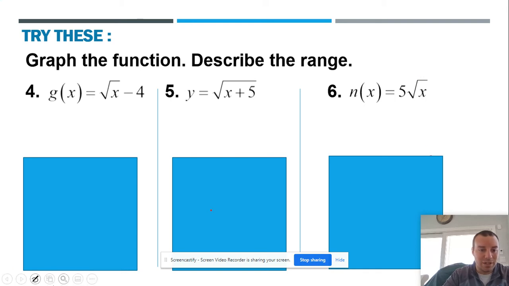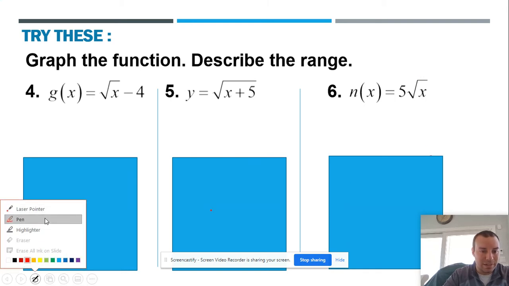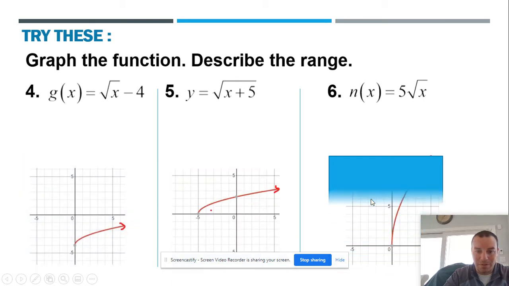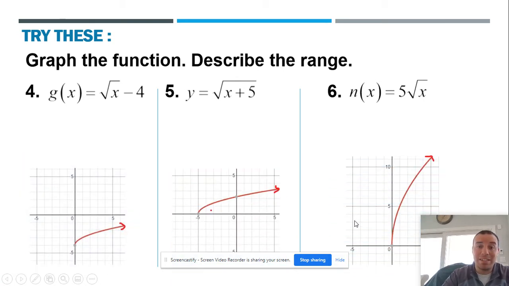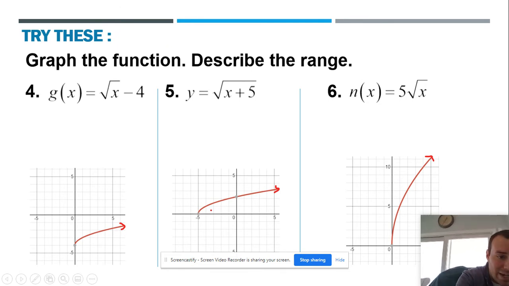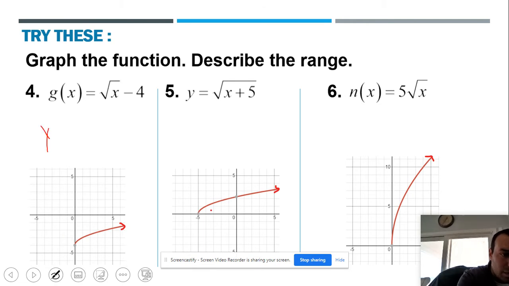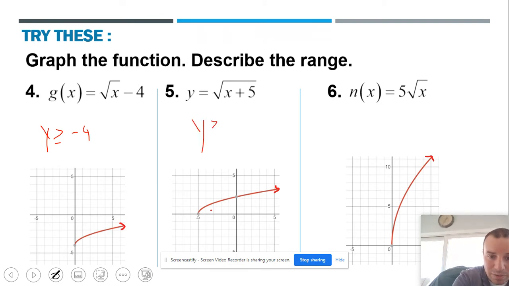If we wanted to take a look at some of these ones here, here are the graphs of the functions. If you were asked to describe the range of these functions, here it would be y is greater than or equal to -4. Here it would be y is greater than or equal to 0.